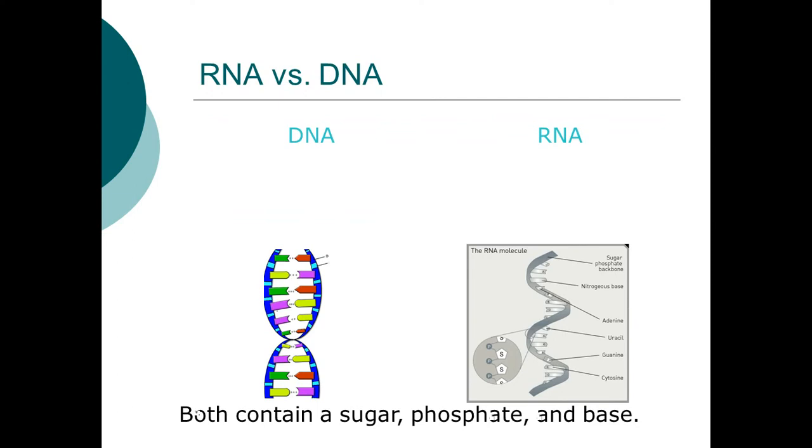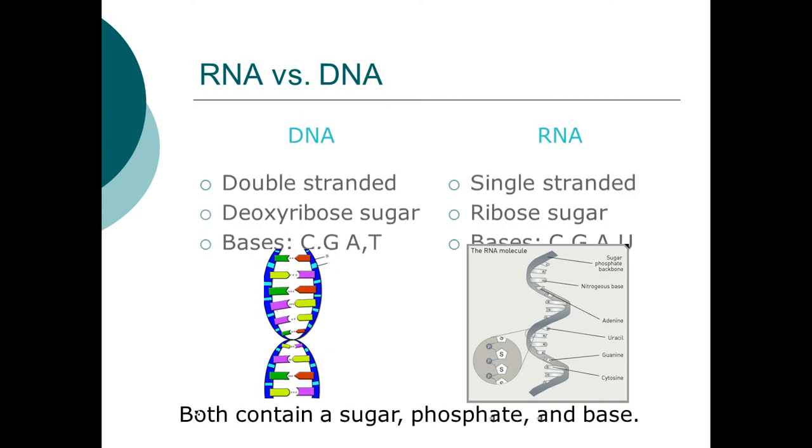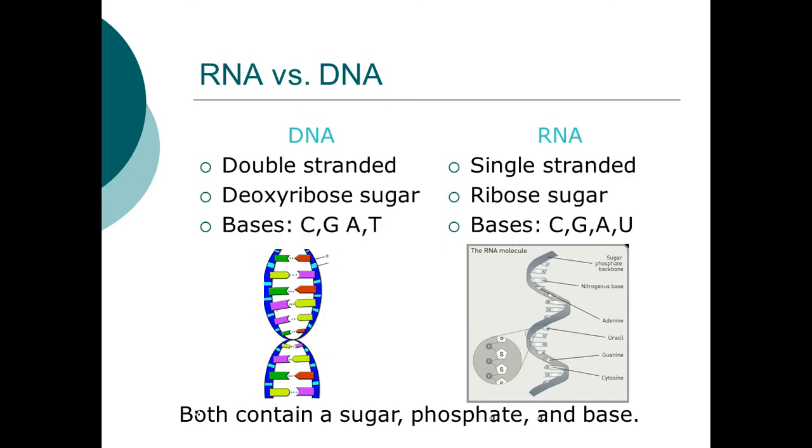Remember that both DNA and RNA contain a sugar, a phosphate, and a base. The sugar and the phosphate form the outside part of the ladder, and the bases form the rungs. However, DNA and RNA are not exactly the same. DNA is double-stranded. It has two sides to the ladder. RNA only ever has one side.